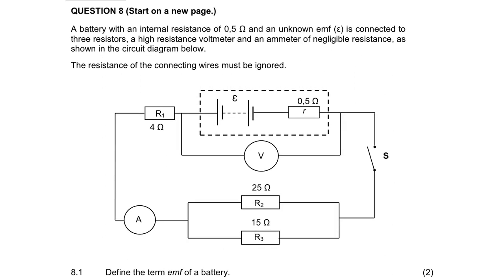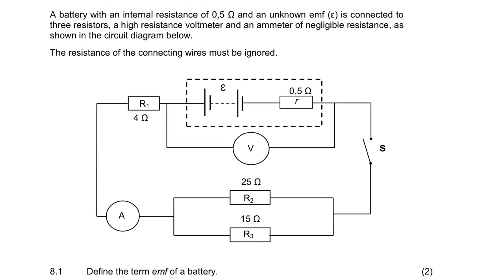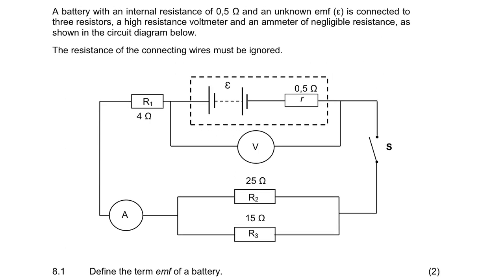A battery with an internal resistance of 5 ohms and an unknown EMF is connected to 3 resistors. So we've got resistor 1, which is in series with the battery. If we follow the conventional current out of the battery, we see the total current go through resistor 1.